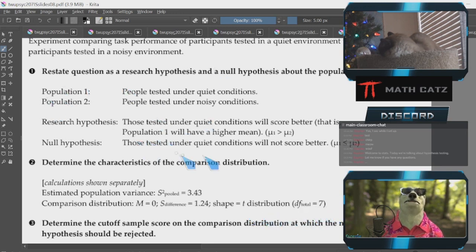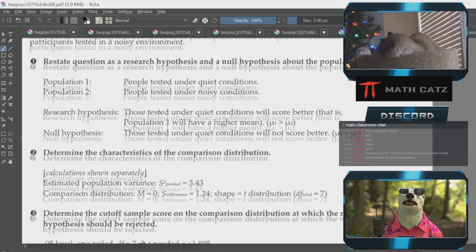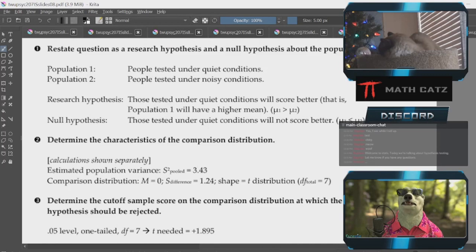Now, I'm not able to draw very well with my mouse. However, we've seen it before. The idea is similar. Before we get to a diagram, let's just finish this. So let's choose 5% alpha. It'll be one-tailed because we're only looking for an improvement. The needed t-score, the t cutoff: our degrees of freedom is 7, 5% alpha.